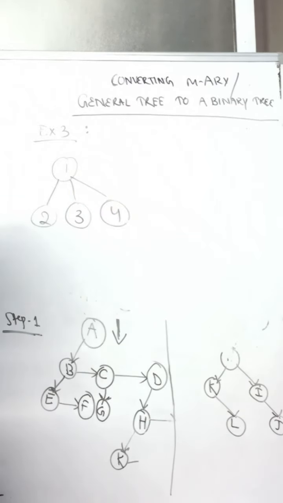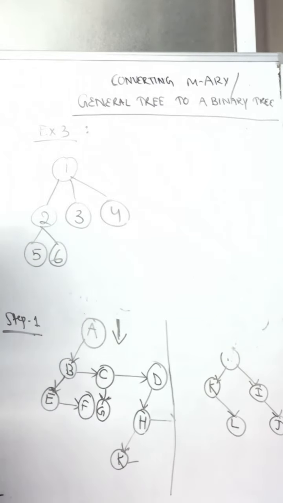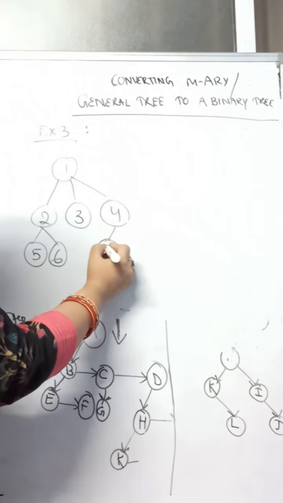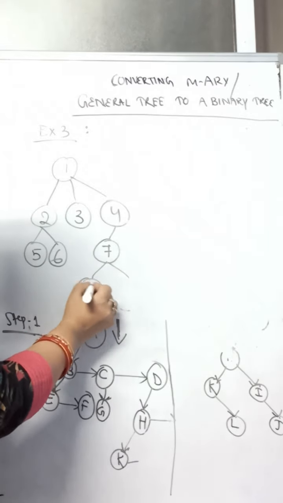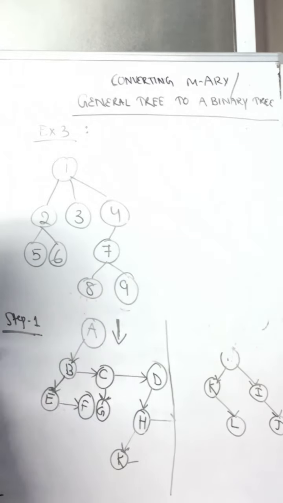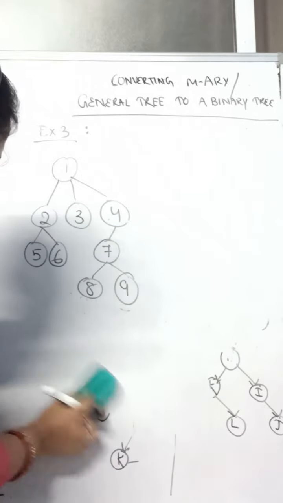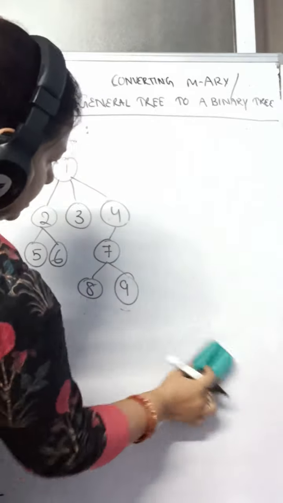Suppose 5 and 6 will be the children of 2. Then suppose 4's left is 7 and then 8, 9. Okay, we erase this first. Then it will be our last example in this class.